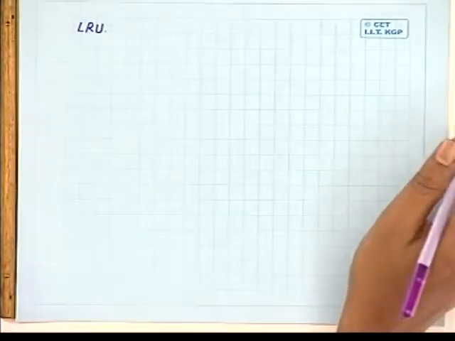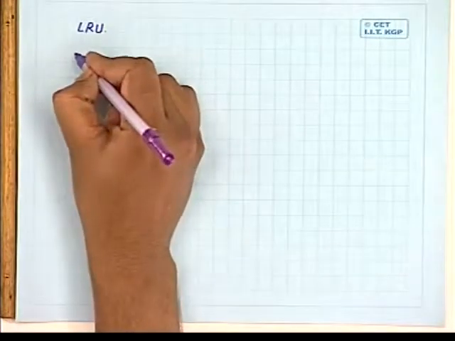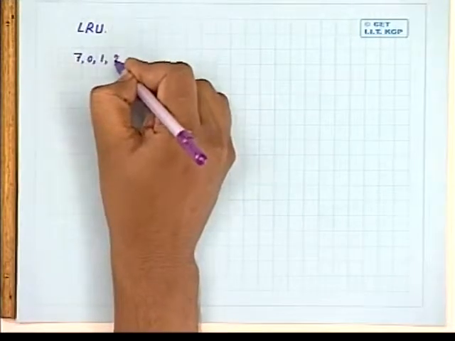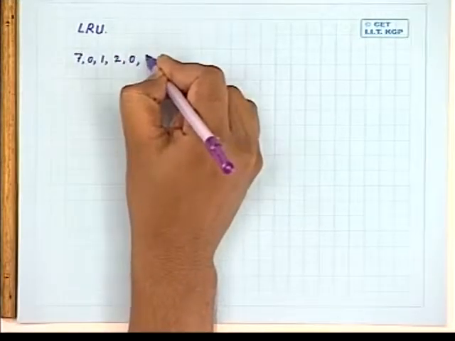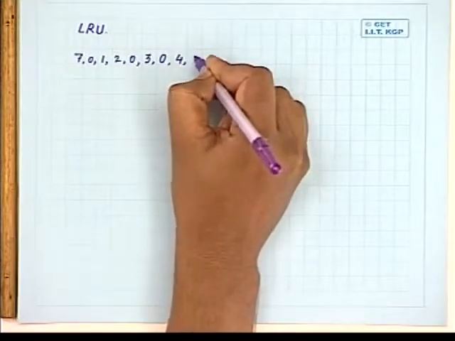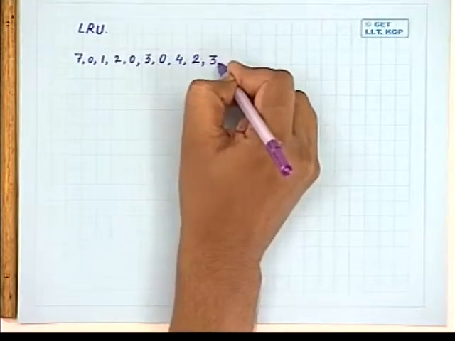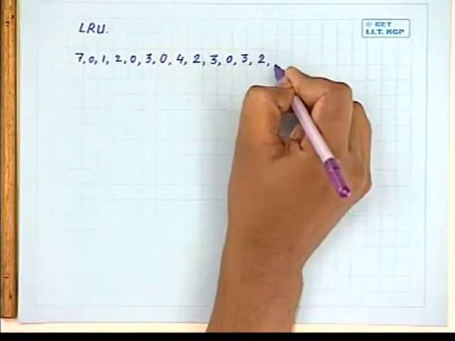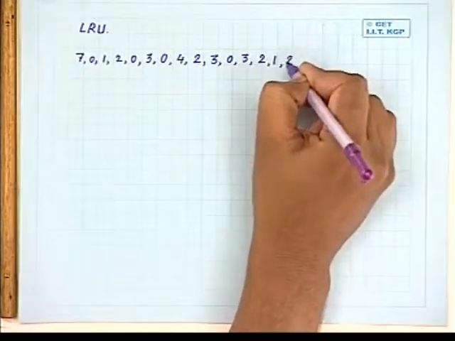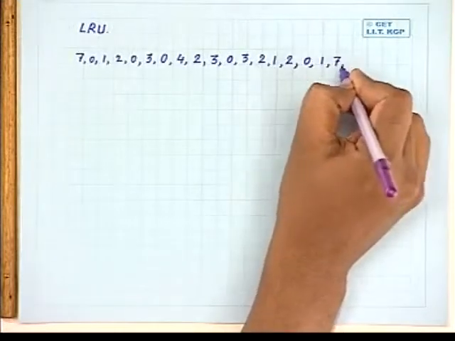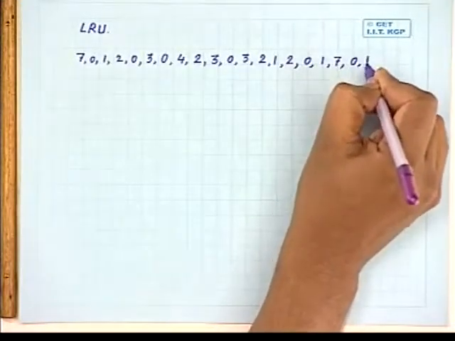technique. And to discuss this LRU technique, we will take the same page trace, that is 7, 0, 1, 2, 0, 3, 0, 4, 2, 3, 0, 3, 2, 1, 2, 0, 1, 7, 0, 1.